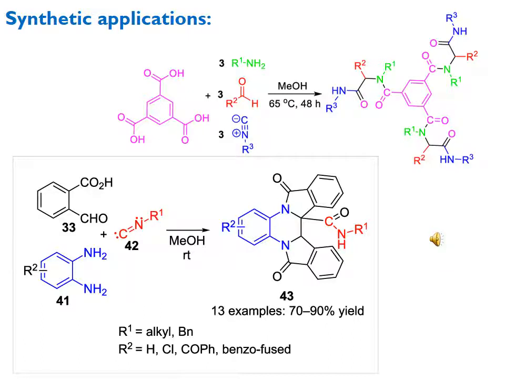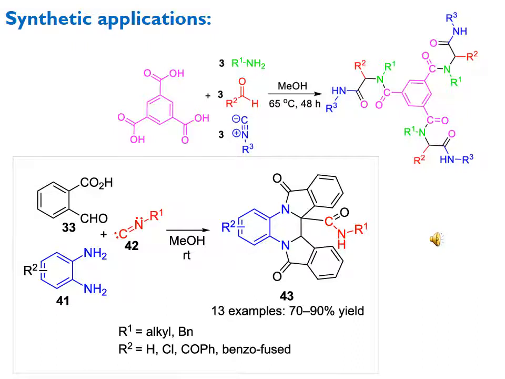The next reaction is about the formation of another Ugi reaction product, but in this reaction you can see we are using a diamine, number 1. Number 2, aldehyde and carboxylic acid are present in the same ring, and third is the isocyanate.